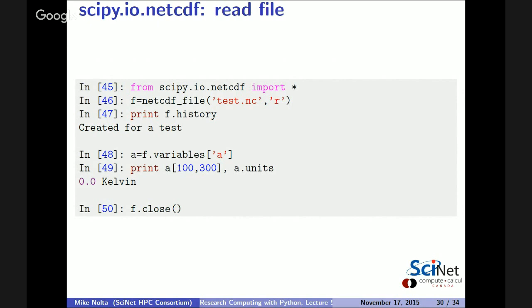And then I can get the global attributes by just accessing f.history. If I want to get one of the variables, I have to now look into this variables dictionary member. So f is my file handle. Look in the variables dict for variable A, and get a handle for that.